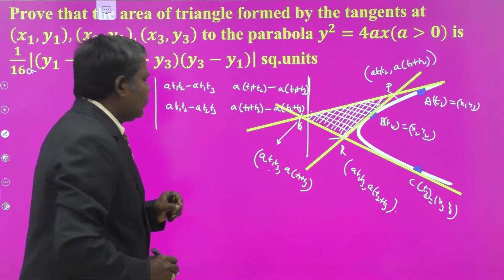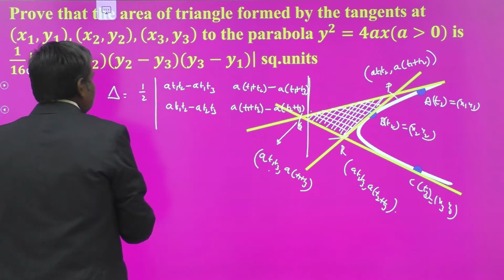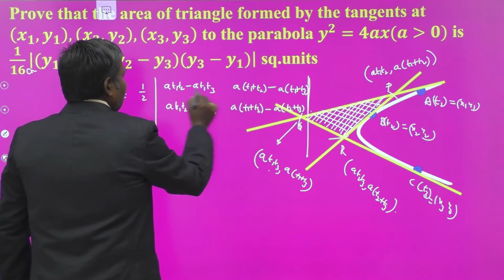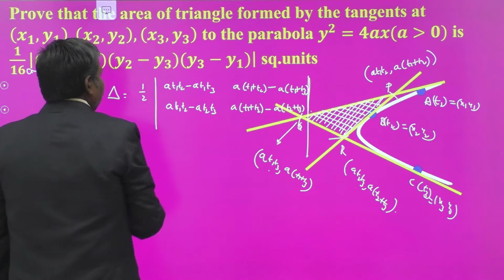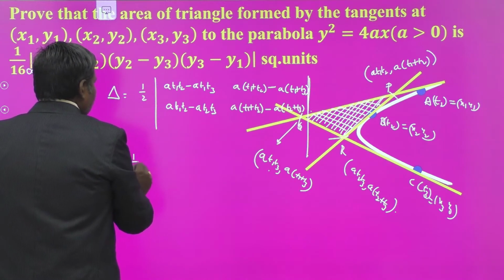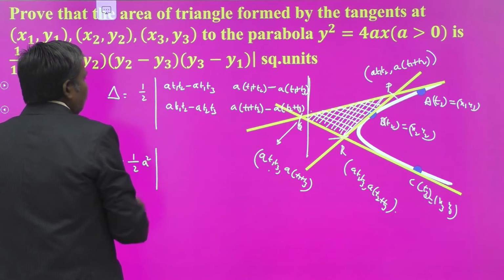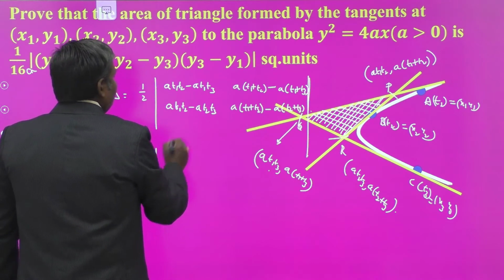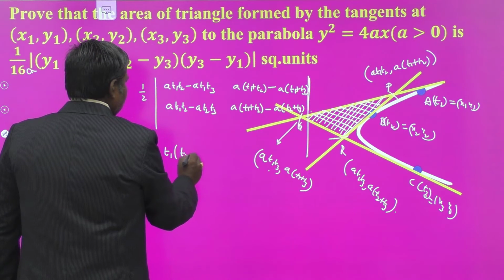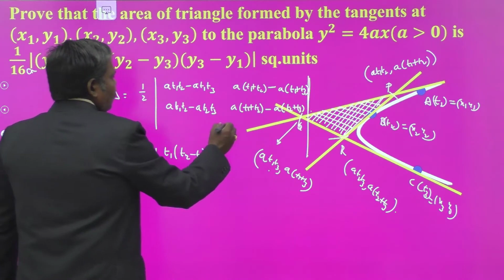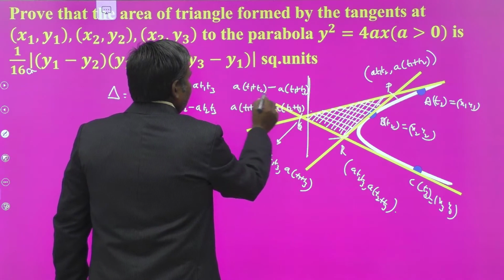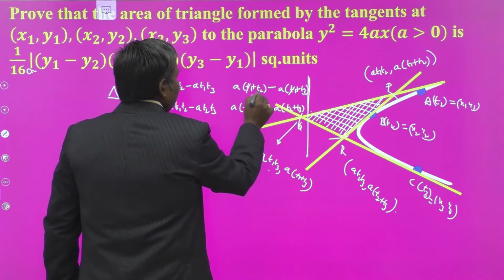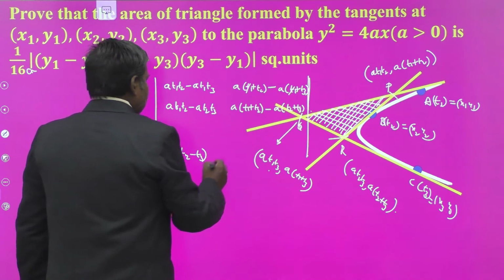All of you know the area of the triangle. That is, you may take common A from the first row and again A from the second row. We obtain half A square. What you can take common? T1 into T2 minus T3. A T1 gets cancelled here. A into T2 minus T3, that is also there.